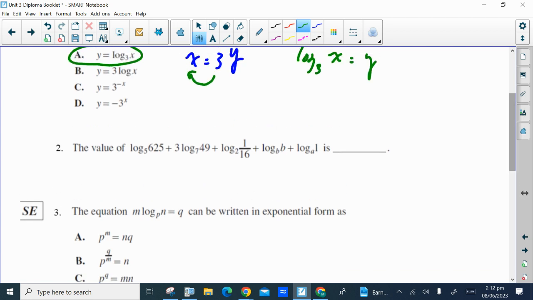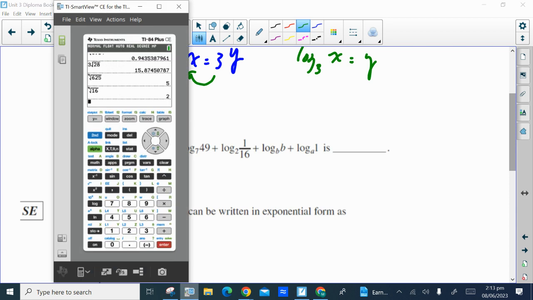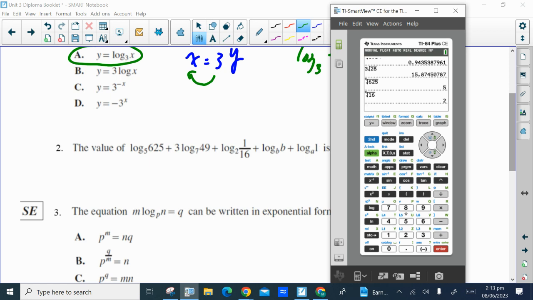Number two, what is the value of that? The first three terms you could just put in your calculator, but the last two have variables, so you've got to understand a few things about logarithms. The first term, log base 5 of 625, is asking 5 to what power is 625? It's 4, and you can check that, 5 to the power 4.